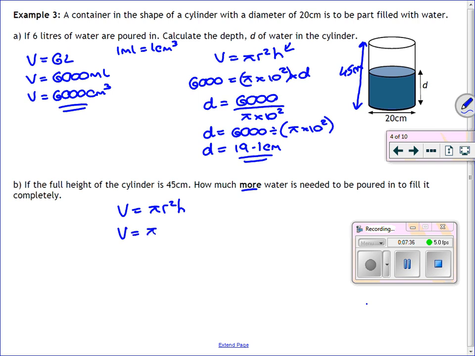So it's going to be pi times 10 squared times 45. So back to the calculator, pi times 10 squared times 45, which is going to give me 14,137.17 cubic centimetres.